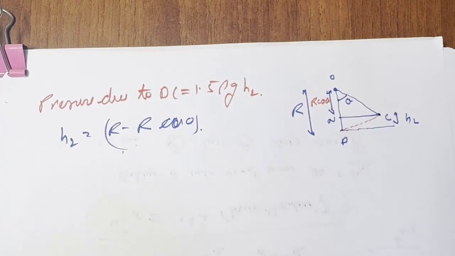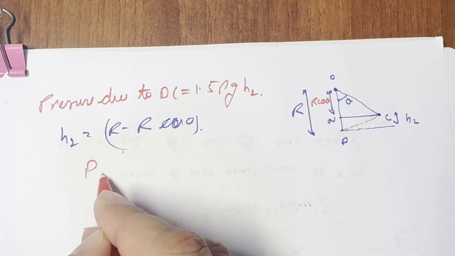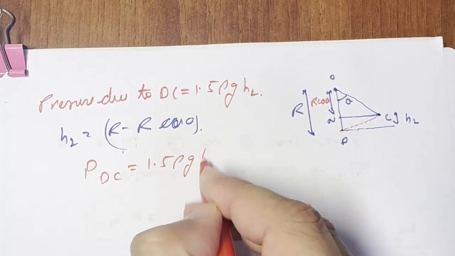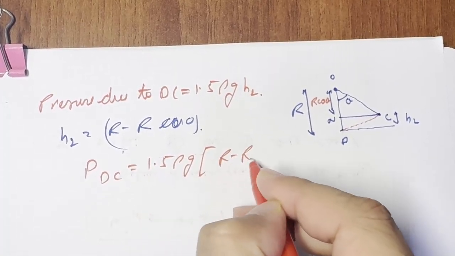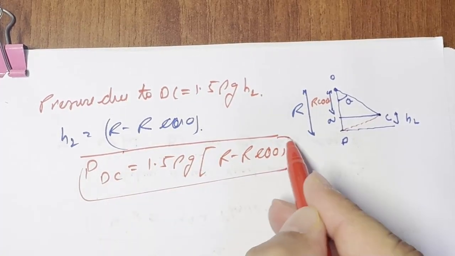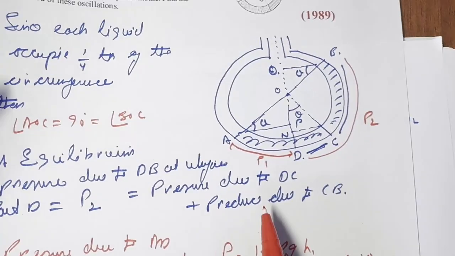Therefore pressure due to DC will be equal to 1.5 rho G, and this becomes R minus R cos of theta. So we found out the pressure due to DC.